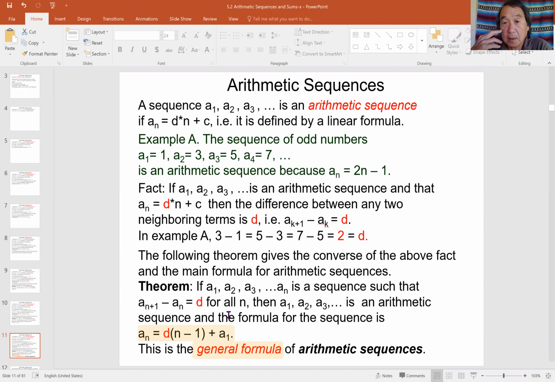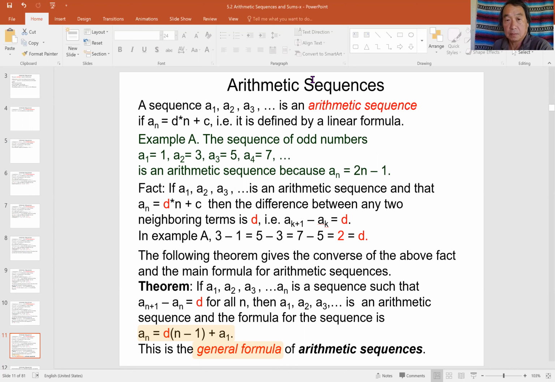Then the question is to find the formula describing this arithmetic sequence. To get to that formula, we first have a general formula that we fill in the blanks to get to the particular one. Because it's arithmetic, adding and subtracting, this is what the general formula looks like.